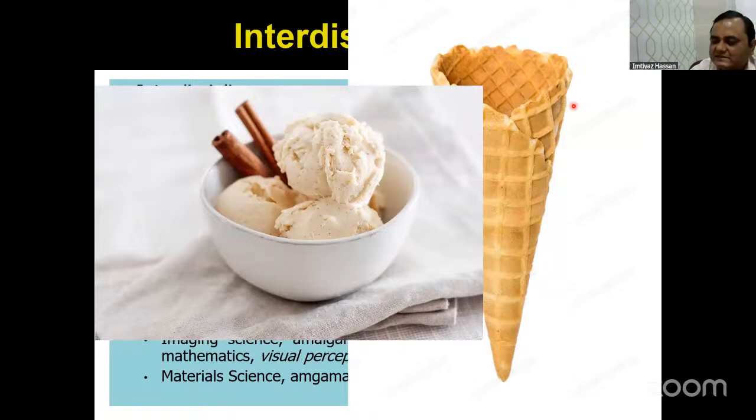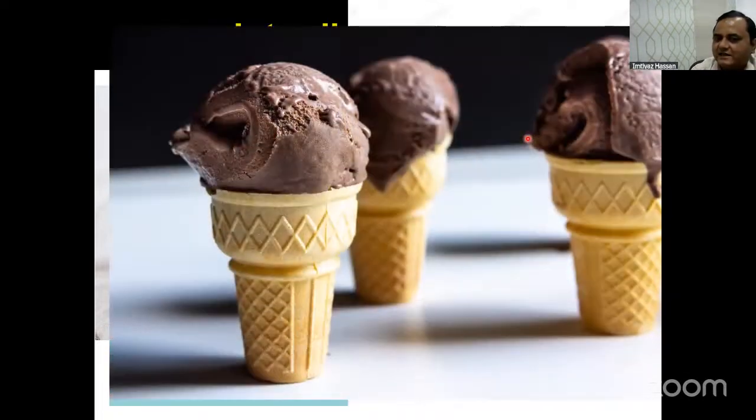But there was much demand, so the guy selling ice cream finished his paper cups and didn't have enough to sell. Then he got the idea: why not take this from the person next to me? He asked the other person, give me a little of this, and I'll sell the ice cream in it. Then he started selling it, and ultimately you come up with this new idea, and nowadays it is very common. So this is the best example to understand what interdisciplinary is. And now you enjoyed the taste of this ice cream.